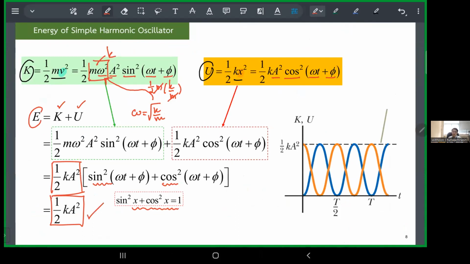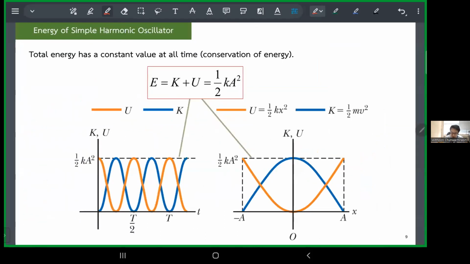Isn't that cool? I don't have any terms that are going to take away my energy. Everything is oscillating on a smooth surface, so energy stays the same. In conclusion, conservation of energy gives you that at any time, it's just the interchange between kinetic energy and potential energy.